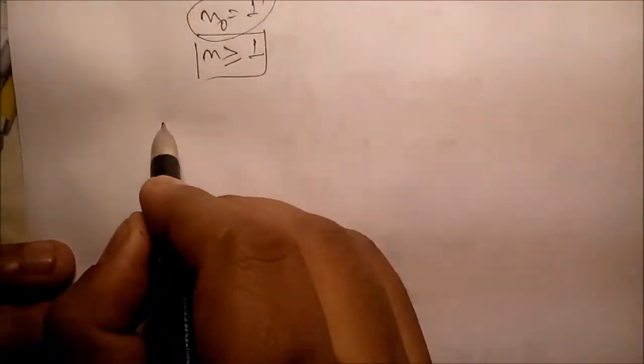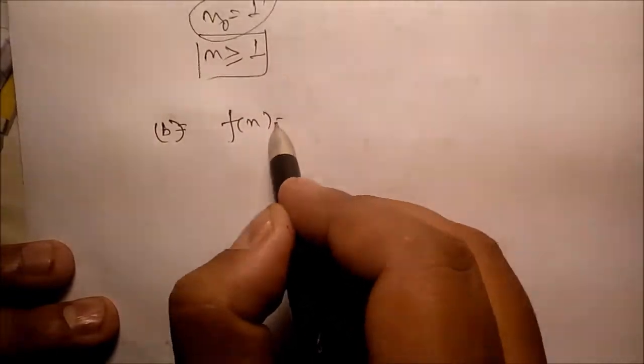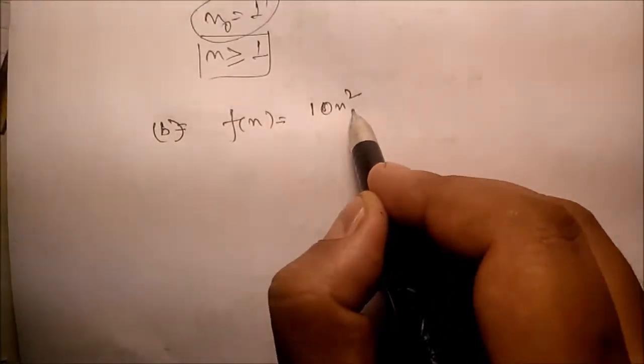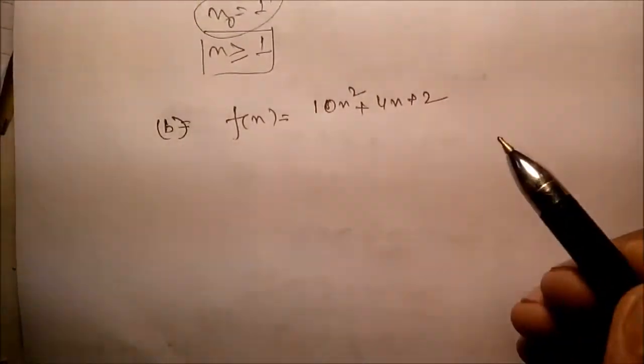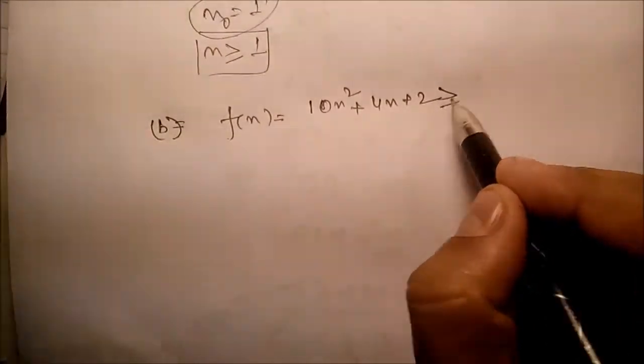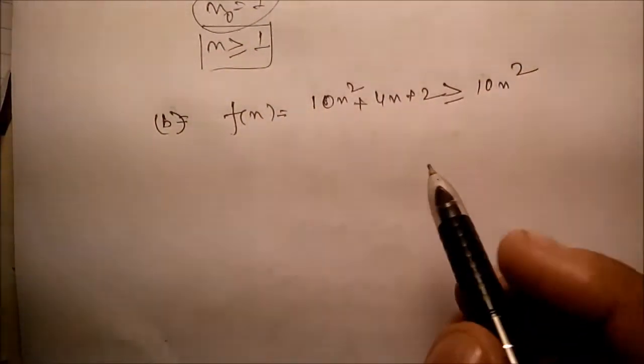We can take another example. Suppose f(n) = 10n² + 4n + 2. For that we can easily write that it is greater than 10n².